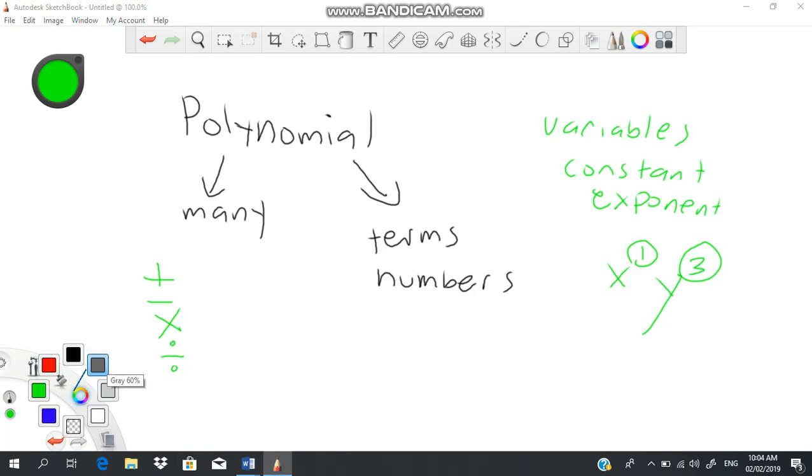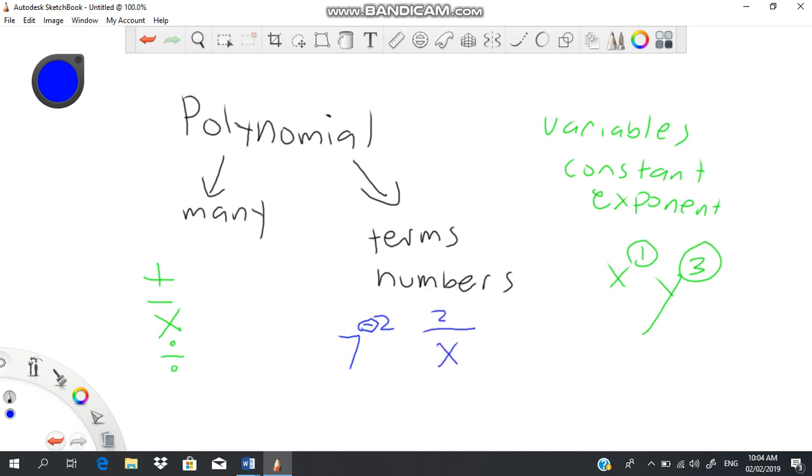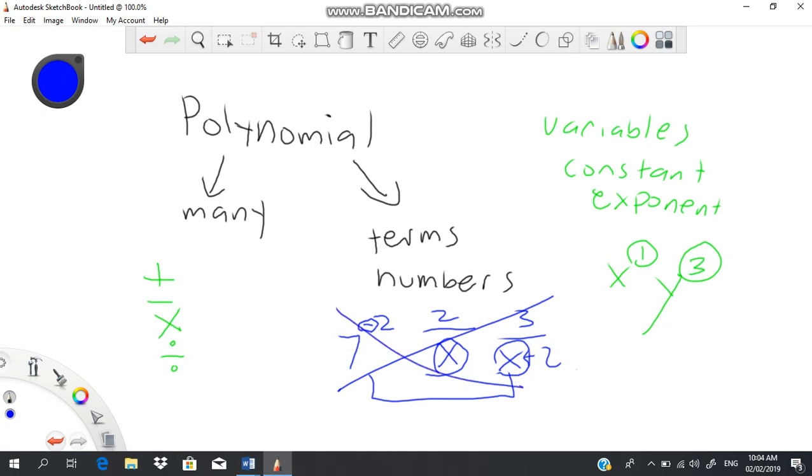So for example, 7 raised to negative 2. This is an exponent and it has a negative sign. So it is not a polynomial. Or if it has a variable in its denominator, like 2 over x or 3 over x plus 2, they still have variables in their denominators. So these are not polynomials.